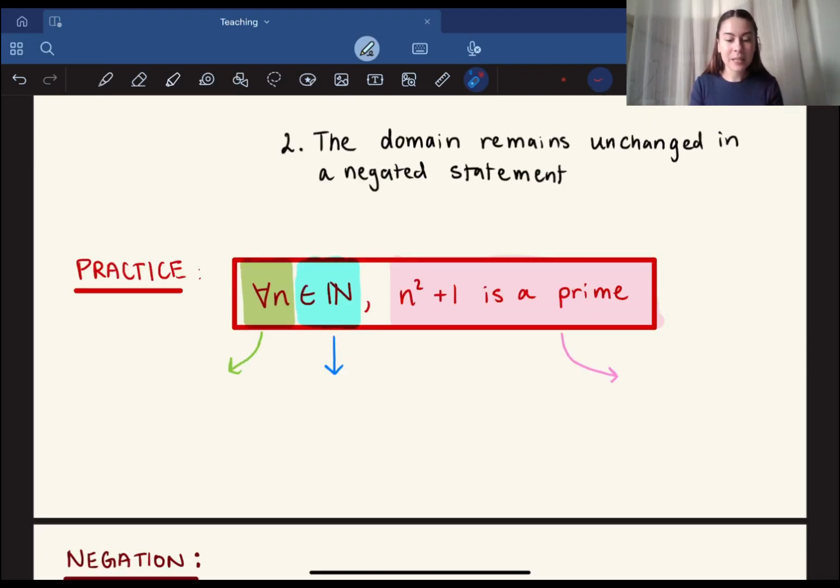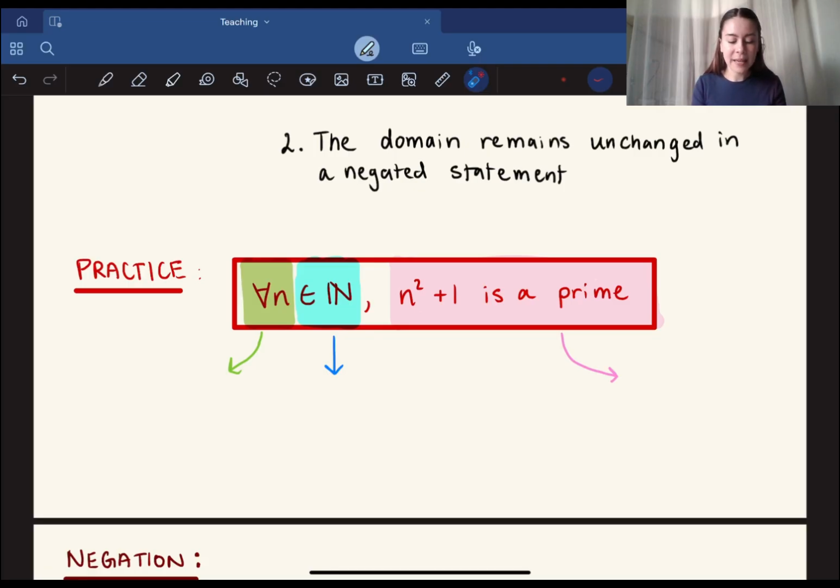So in this practice problem, I've colored certain parts just so that we can label the different parts of a statement and understand which parts remain unchanged in a negation and which parts do change in a negation. But before we do that, let's just read it from left to right so that we understand what this statement is saying.